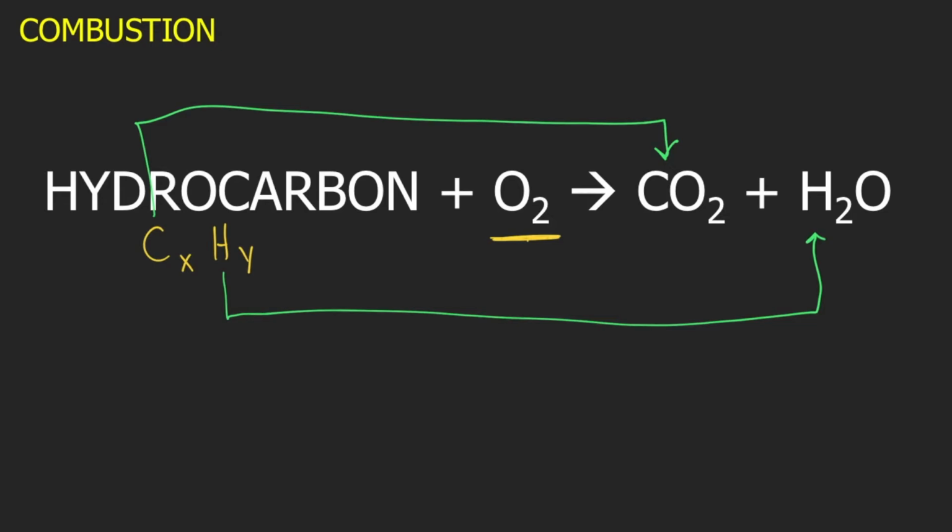So by knowing the amount of carbon dioxide and water produced in the reaction, you will be able to identify the empirical formula. And you will clearly see this in our succeeding examples.